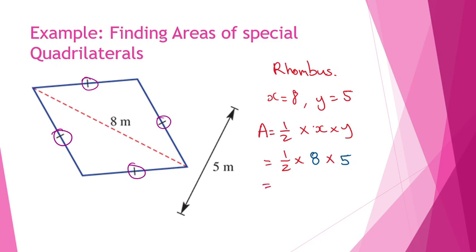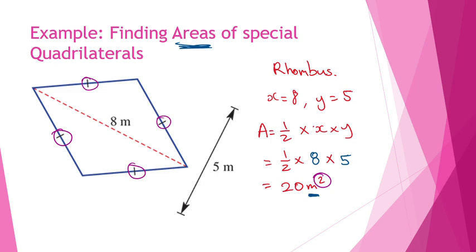And once I type this up in my calculator, I just get 20 meters squared. Now remember, when you're working with area, you must always put in the unit of measurement. And the second thing is to put in the square at the end, okay? That's what you need to do.